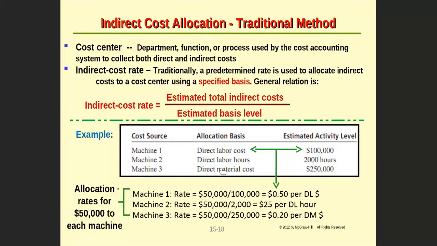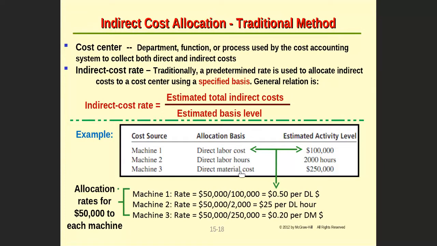The estimated activity level is given in this column: 1,000 for the labor, 2,000 for the labor hours, which is 2,000 hours of labor working time, and $250,000 for the material cost.